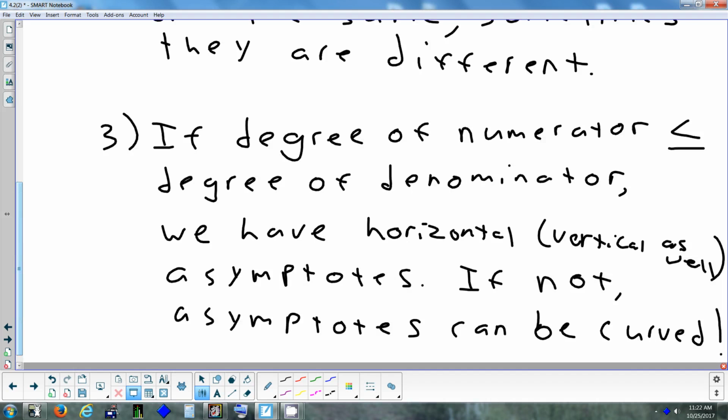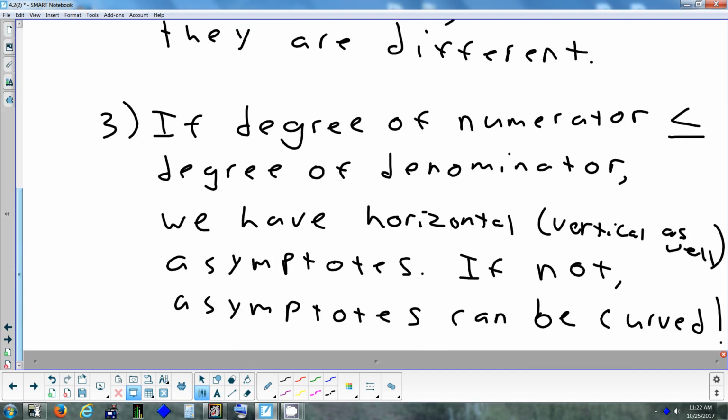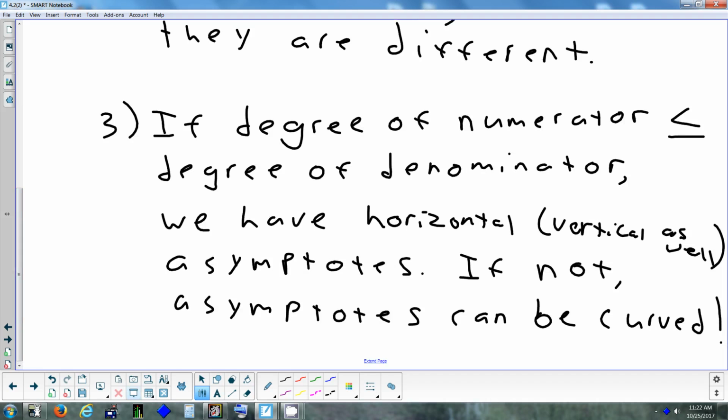So if the degree of the numerator is less than the degree of the denominator, you'll definitely have horizontal asymptotes. You'll also have vertical ones. But if the degree in the numerator is bigger, your asymptotes can be curved. Specifically, the curve is going to take the place of the horizontal. You could still have vertical.